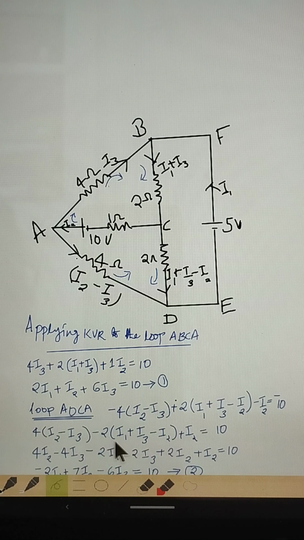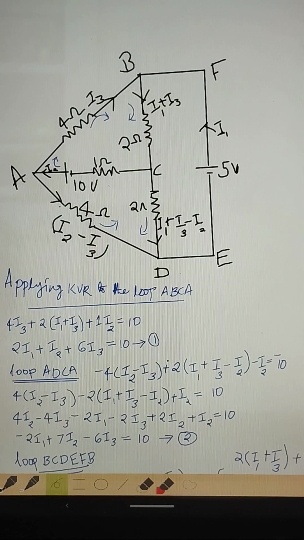This can be simplified: 4I2 minus 4I3, and here we have minus 2 into I3, and that can be simplified. That is 4I2 minus 4 into minus I3, minus 4I3, minus 2I1, minus 2 into plus I3, minus 2I3, minus 2 into minus I2, plus 2I2 plus I2 is equal to 10.